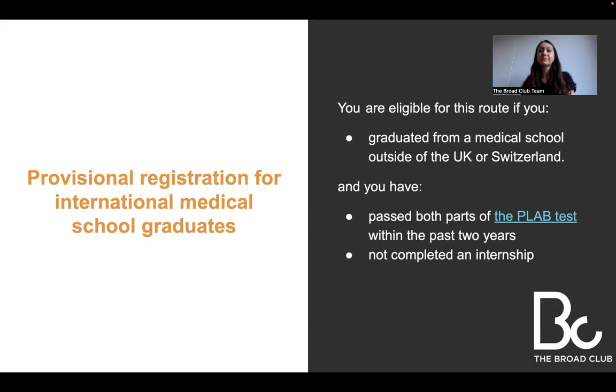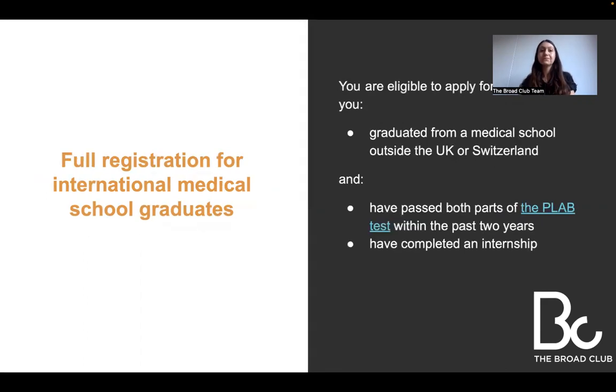We will be mentioning all those. And you haven't completed an internship. So provisional registration is for medical school graduates who have already graduated. They passed the PLAB test, but they have no internship experience yet. The reason is that they will then be eligible for foundation year 1 and start practicing in the UK. Therefore, without an internship, that is also possible.